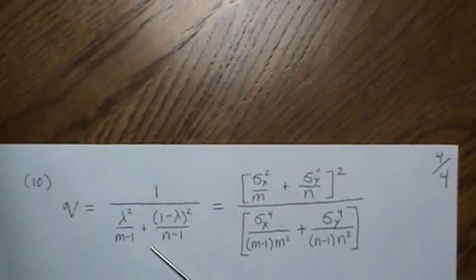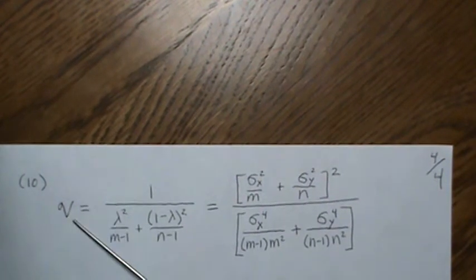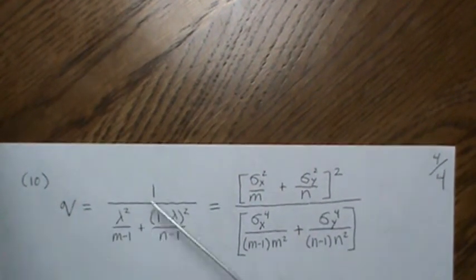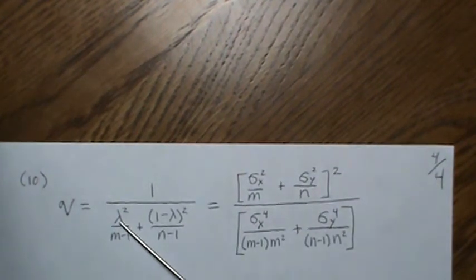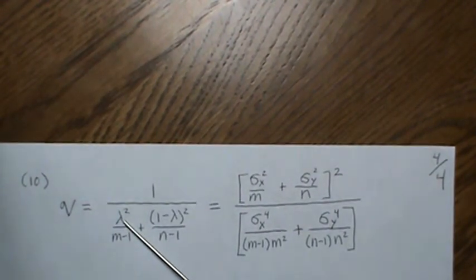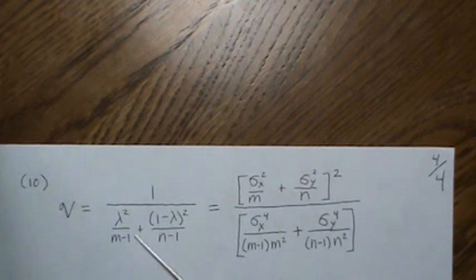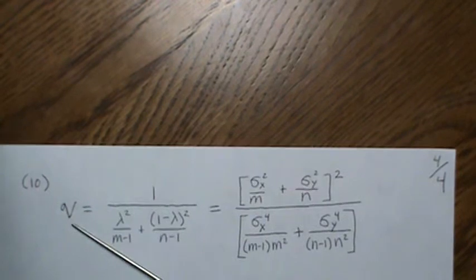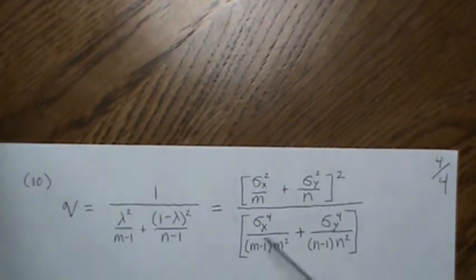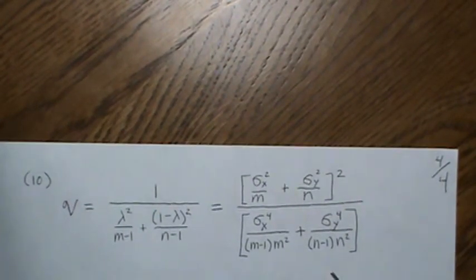Now we need to solve it. We take the reciprocal to get nu, and then 1 over this quantity. Remember we replace what we denoted lambda to be, and then you solve and you get this. And that's actually Welch's approximation for the degrees of freedom needed.